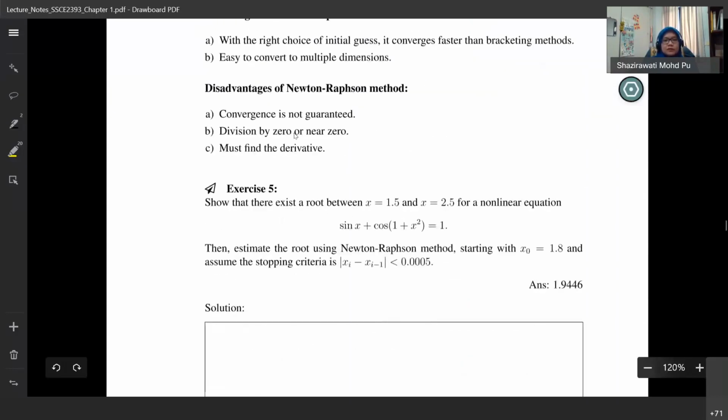Division by zero. Must find the derivative. With the help of calculator and also computer programming, having to find the derivative is no longer considered a disadvantage. But if we are talking about manual calculation, then yes.